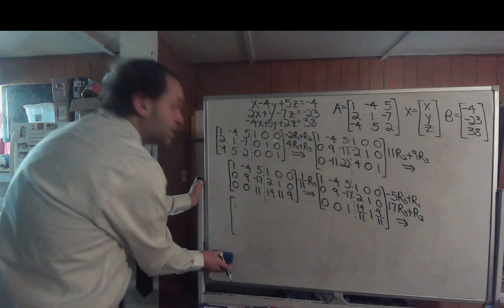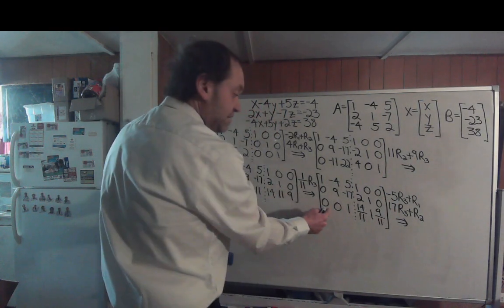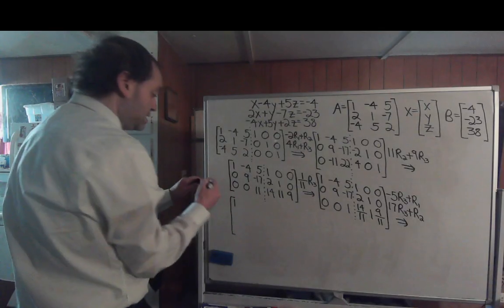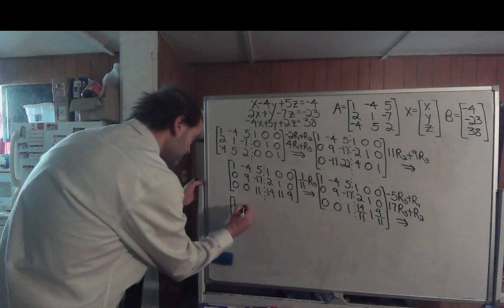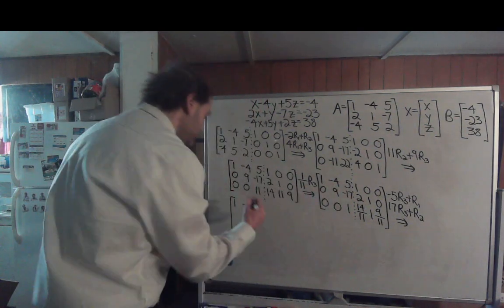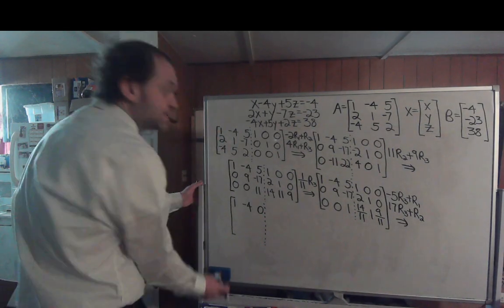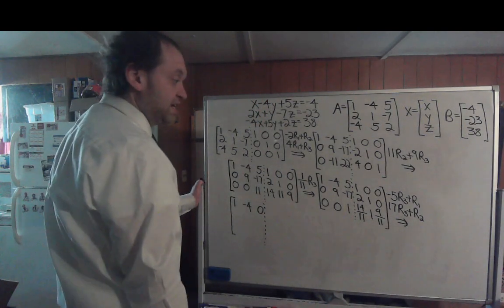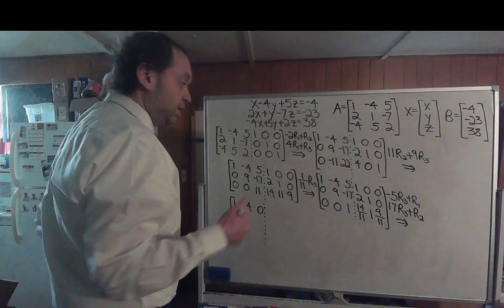So between rows 3 and 1, negative 5 times 0 is 0, plus 1 is still 1. Negative 5 times 0 is 0, plus negative 4 is still negative 4. Negative 5 plus 5 is 0. Then negative 5 times 14 elevenths is negative 70 elevenths, plus 1.